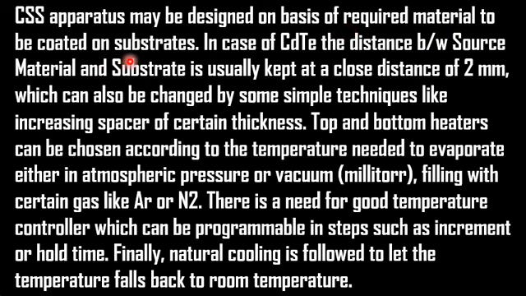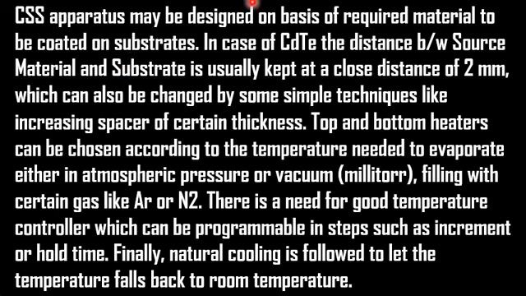So basically, you can produce a homemade closed space sublimation apparatus, and it depends on you. You can vary the design of the apparatus on the basis of the precursor material, and on the basis of the substrate on which you want to deposit thin films.